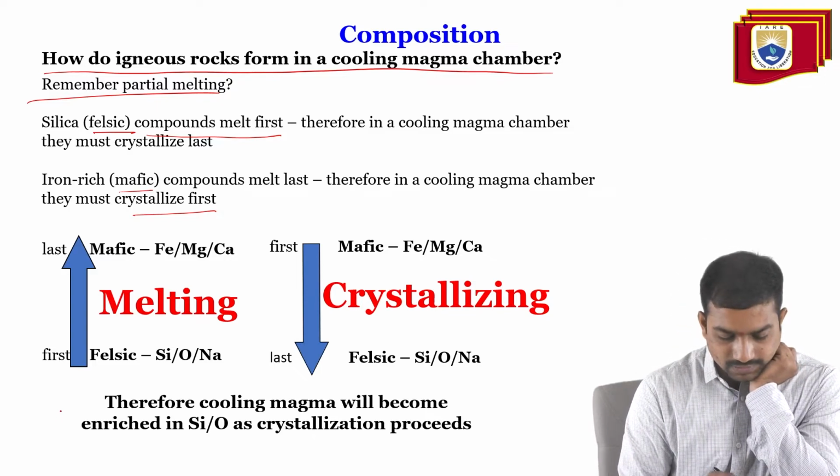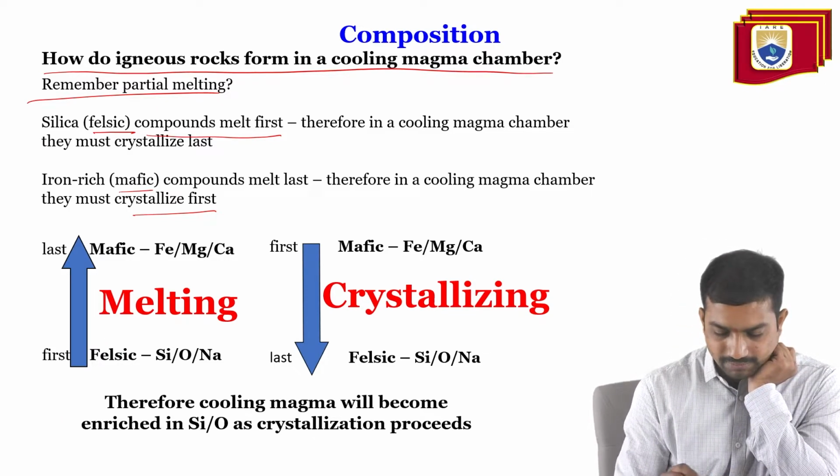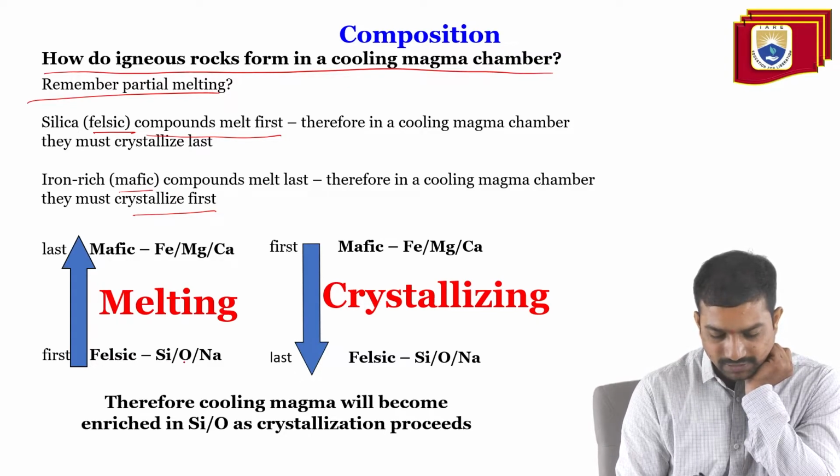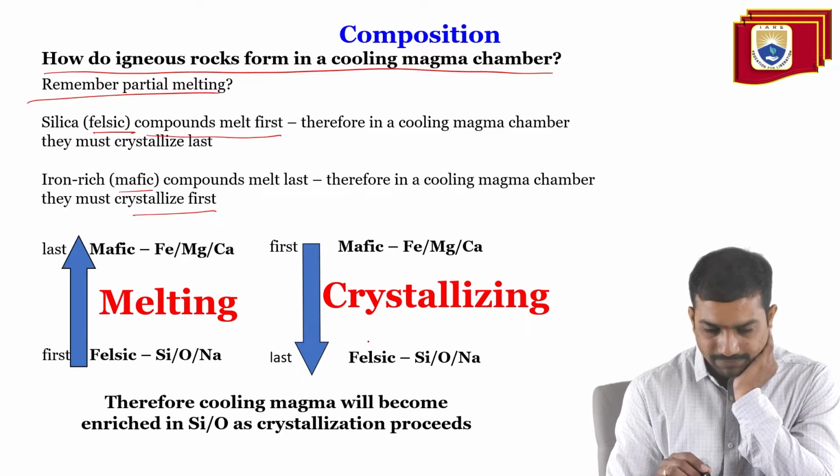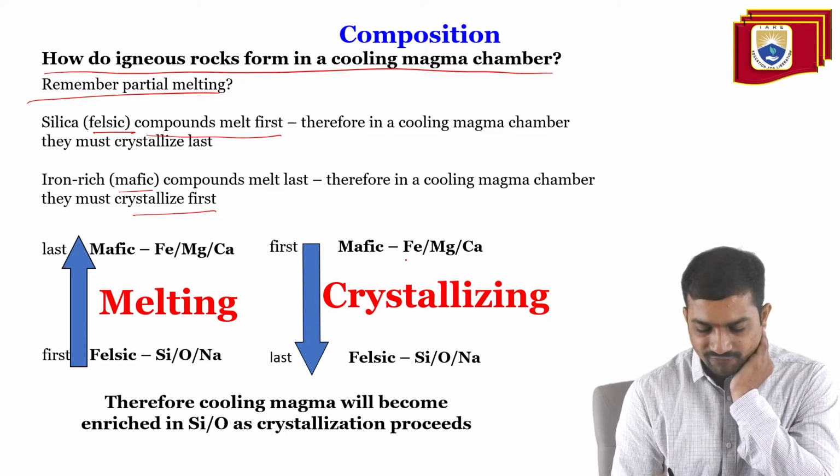In the felsic and mafic type of structures, first the materials which melt are silica, oxygen and sodium, whereas in the mafic type of structure they are Fe, Mg and calcium.